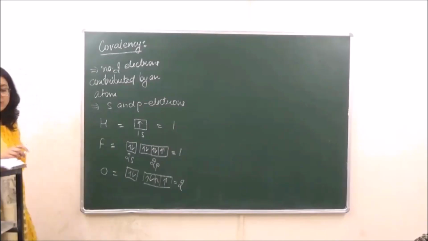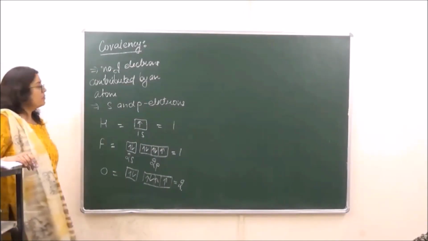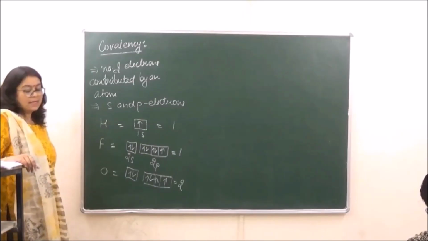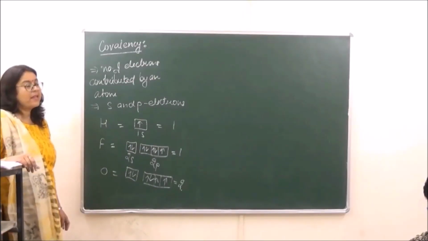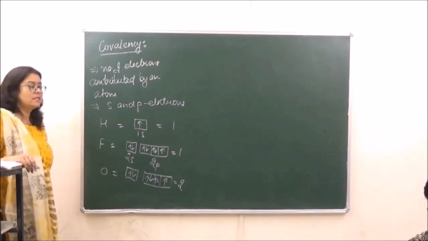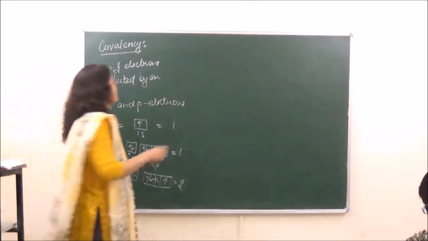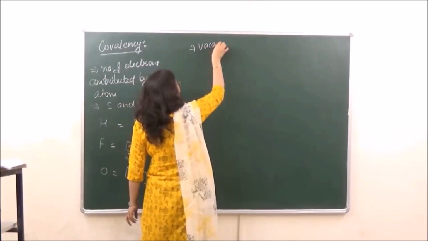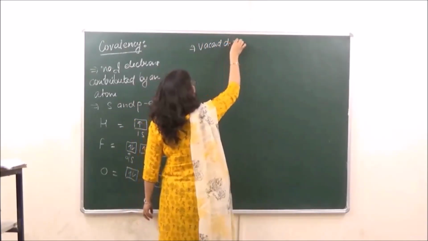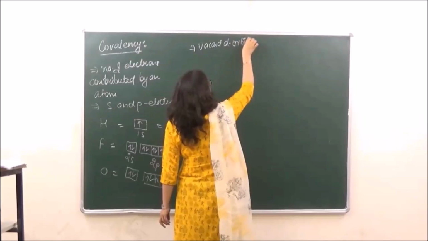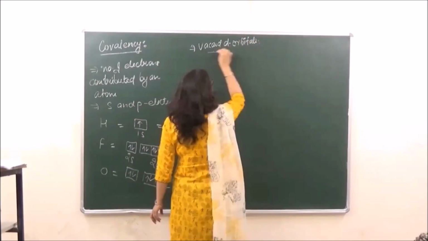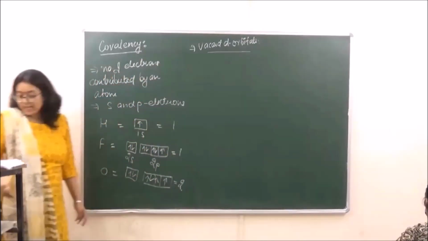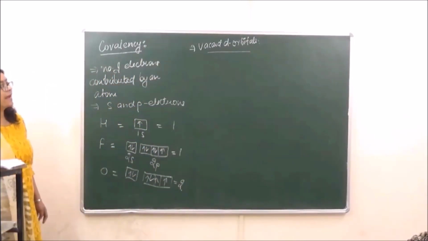Now, what we are saying over here is, if there are elements which have vacant d orbitals, they may have variable valencies. Right? If there are vacant d orbitals present, then the electrons get excited into the d orbital and hence they become unpaired.